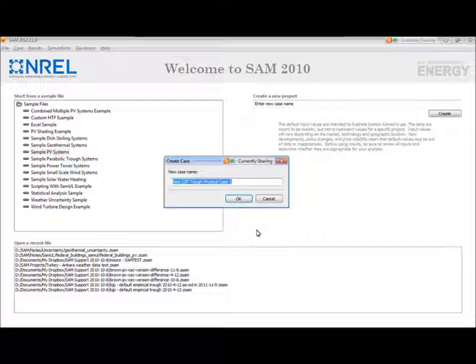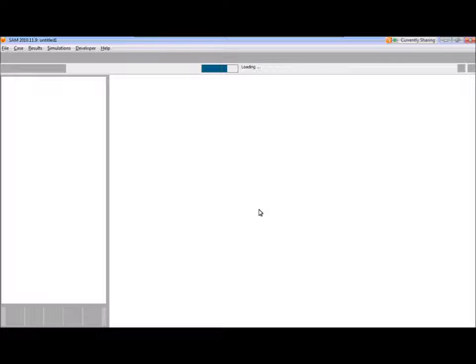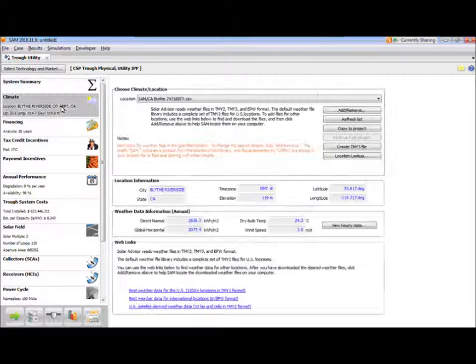Okay, and I'll call this one Trough utility. So SAM creates a case for me. Again, it's populating all of the variables with default input values. And we have the same set of inputs for the first few input pages.